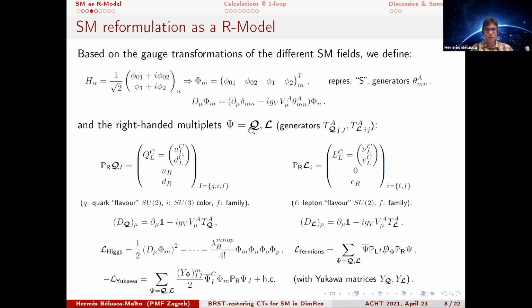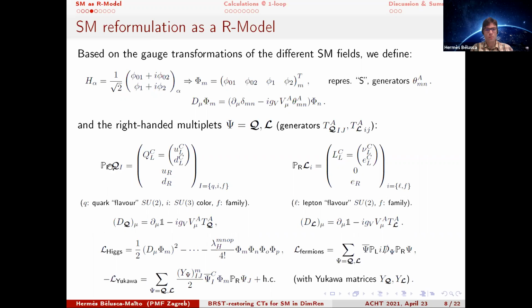Then for the quarks and the leptons, I can collect them into what I call right-handed multiplets, in the sense that I do the following construction. We can actually do that as well by instead considering just left-handed multiplets.